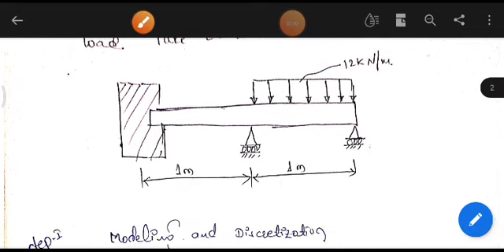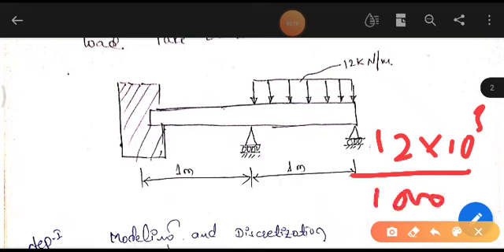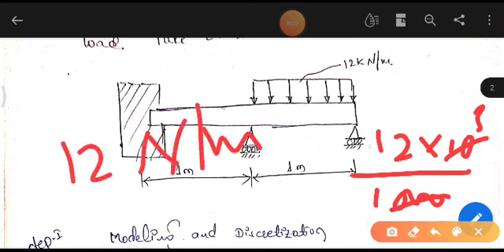How to convert this into Newton per millimeter? 12 into 10 raised to 3 Newton divided by meter, we need to convert into millimeter, so we divide by 1000. If you cancel it, you will get 12 Newton per millimeter, which is the intensity of load acting on the second element.